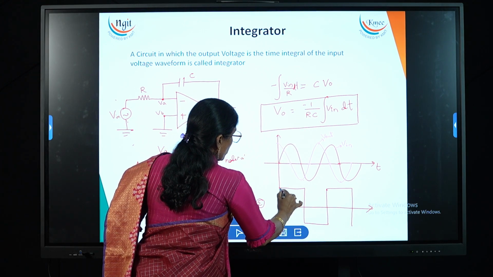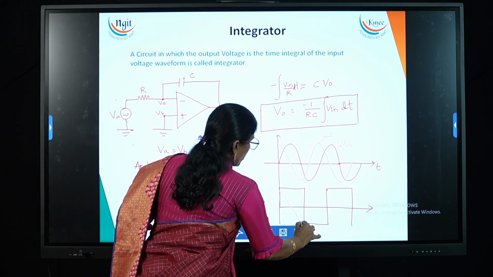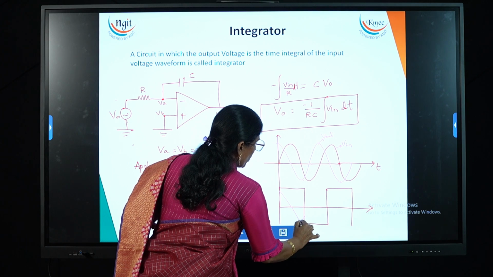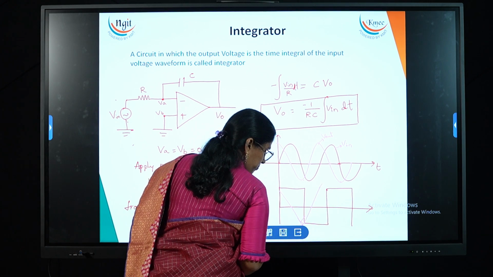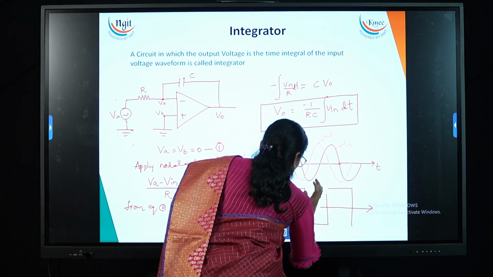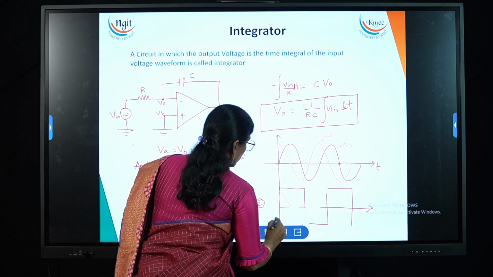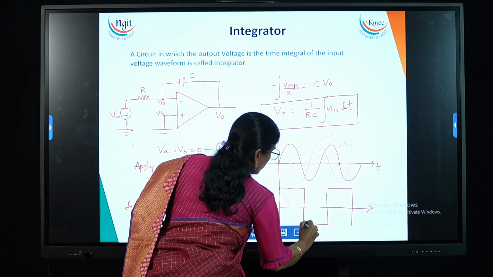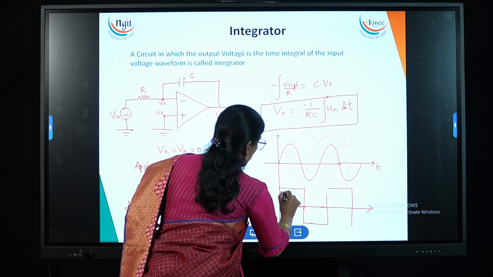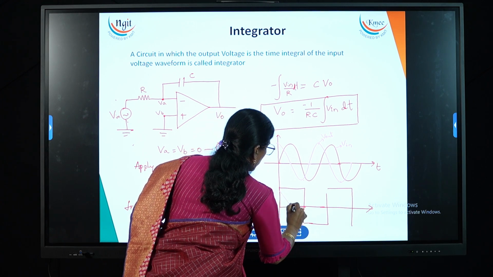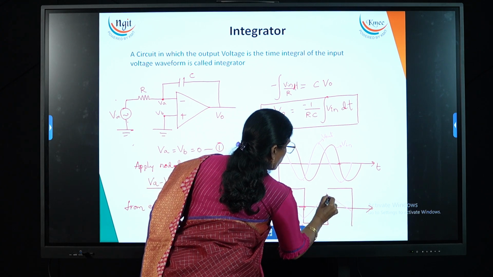For rising we get the falling, and for falling we get the rising. Now this is the output.